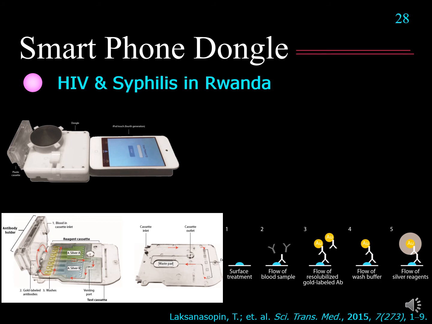But instead of using a strip test, we have a smartphone. The smartphone can take a picture, and from the color change, the smartphone can convert the color to numbers, and then we can use it to detect HIV and syphilis in a very remote area, very far from the hospital, right?